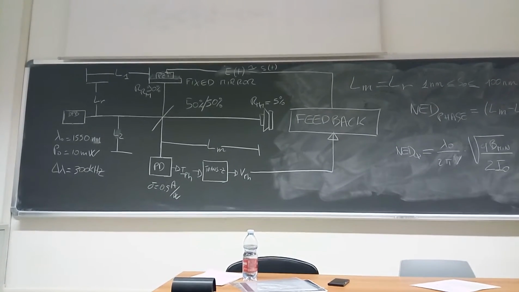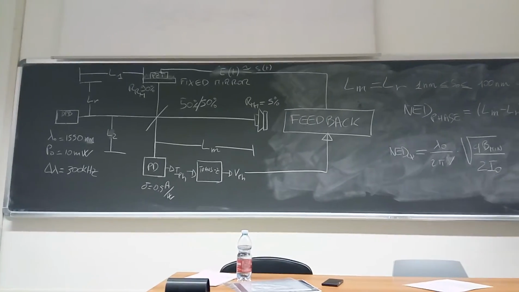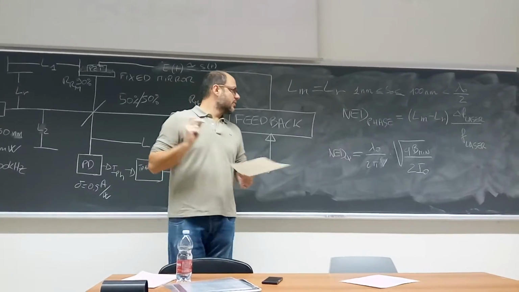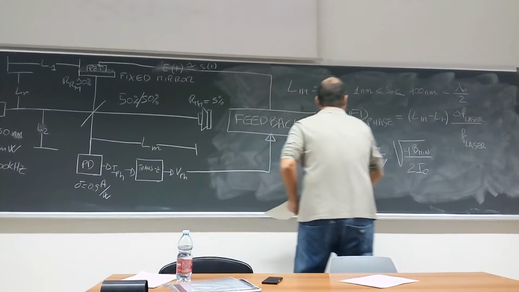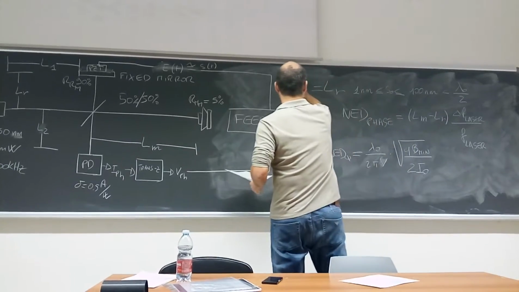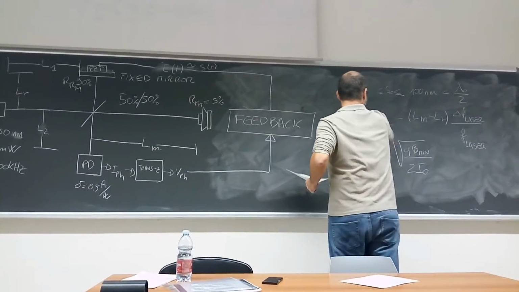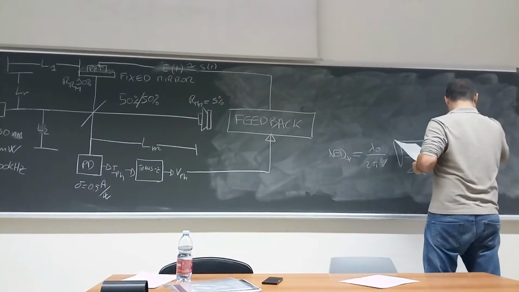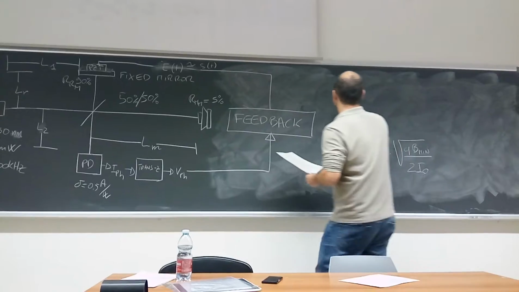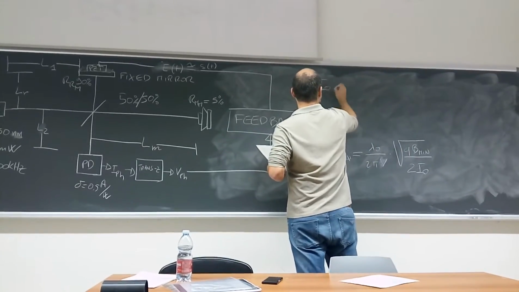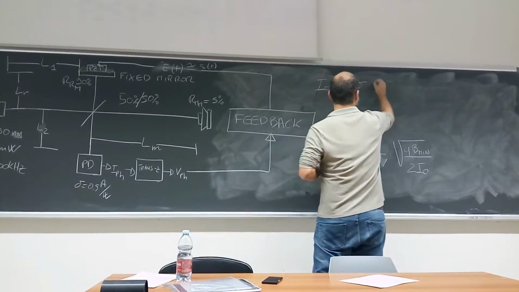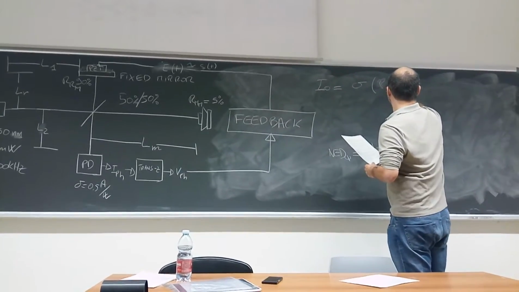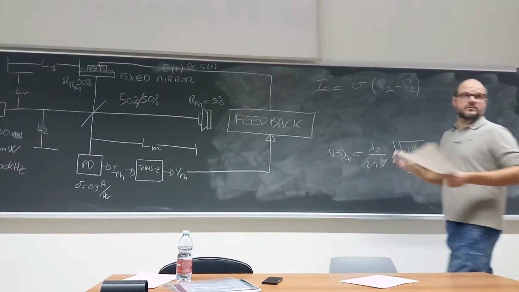And I0 is the mean value of the photodetected current. So I0 is given by sigma multiplied by P1 plus P2.